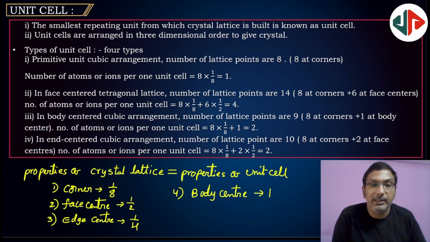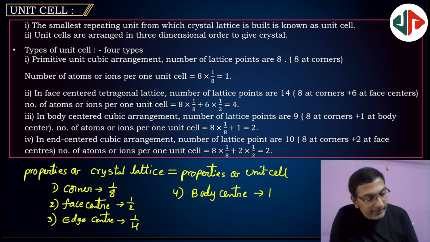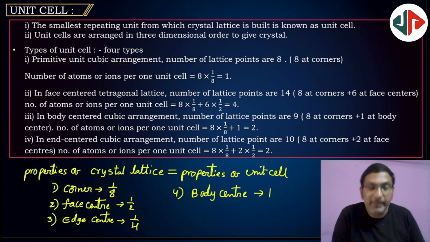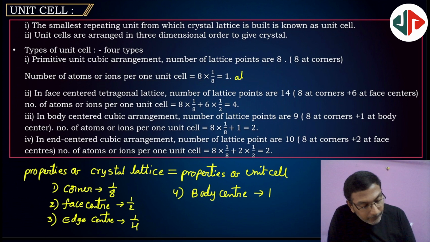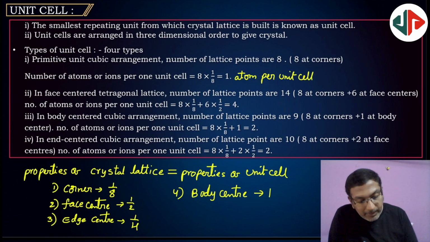These are positions and their contributions. Corner, 1 by 8. Face center, 1 by 2. Edge center, 1 by 4. Body center, 1. Based on this, we can calculate the effective number of atoms per unit cell. See here, a primitive cell contains lattice points only at corners, 8 corners. Corner contribution is 1 by 8, therefore 8 into 1 by 8 is 1. So 1 atom per unit cell.